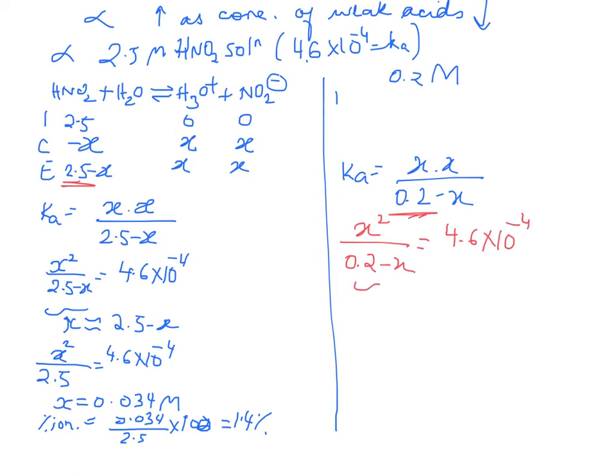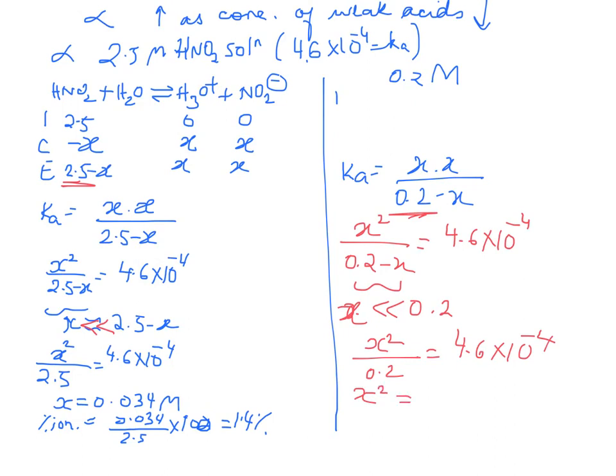You would be able to use the approximation, since x is much less than 0.2. That boils down to x squared divided by 0.2 equals 4.6 times 10 to the negative 4, and we will solve for x.